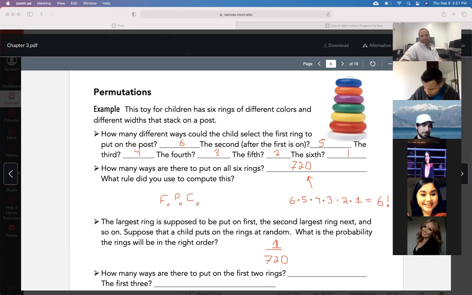Now we don't read it as 6. That's not what the exclamation point is telling us. This is read as 6 factorial. F-A-C-T-O-R-I-A-L. Factorial. 6 factorial means 6 times 5 times 4 times 3 times 2 times 1.